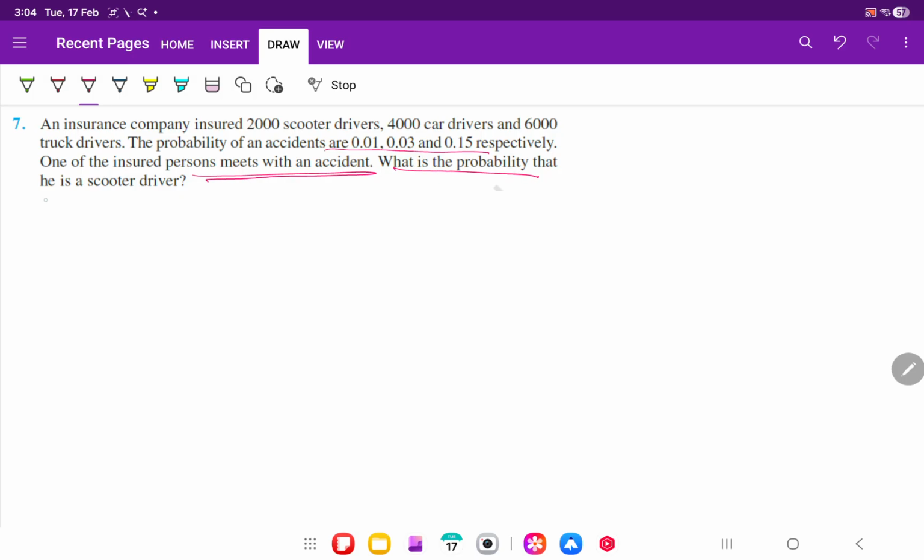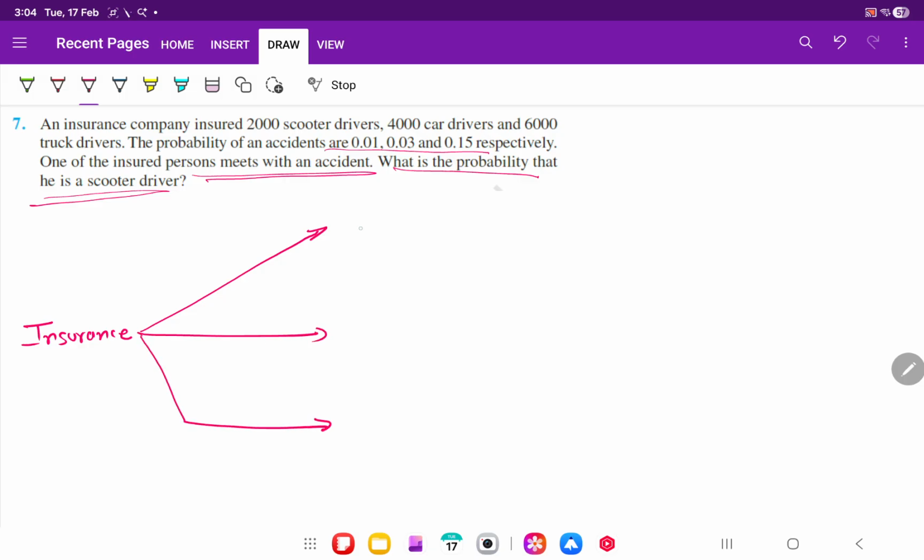What is the probability that it was done by a scooter? Okay, so let me make a chart. The insurance company is giving insurance for 3 different vehicles: one for scooters, one for cars and one for truck drivers.